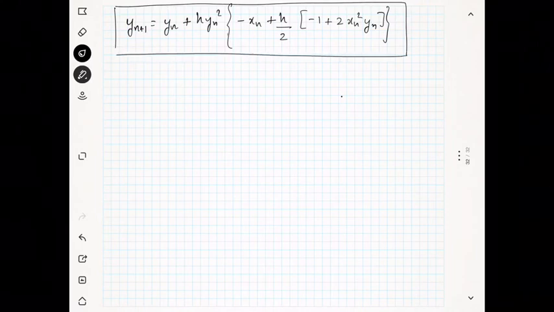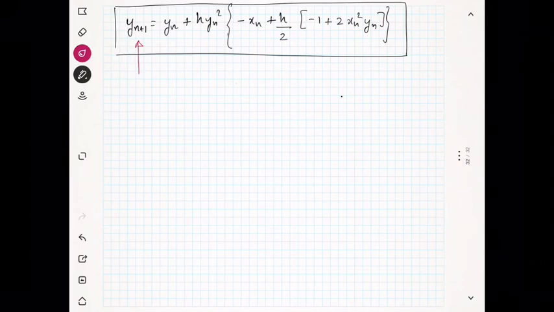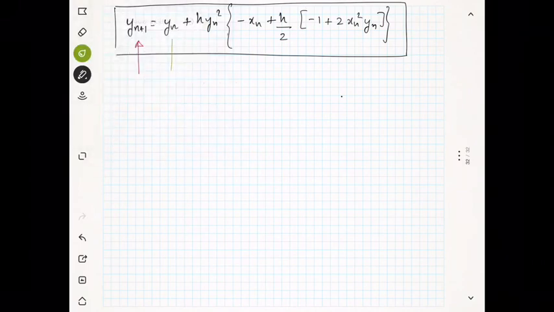You can see that by using this equation we can calculate y_{n+1} by using y_n, that is the previous value of y. You can see x_n is here. We need to know what h is, and we need to know x_n, y_n; everything is there.